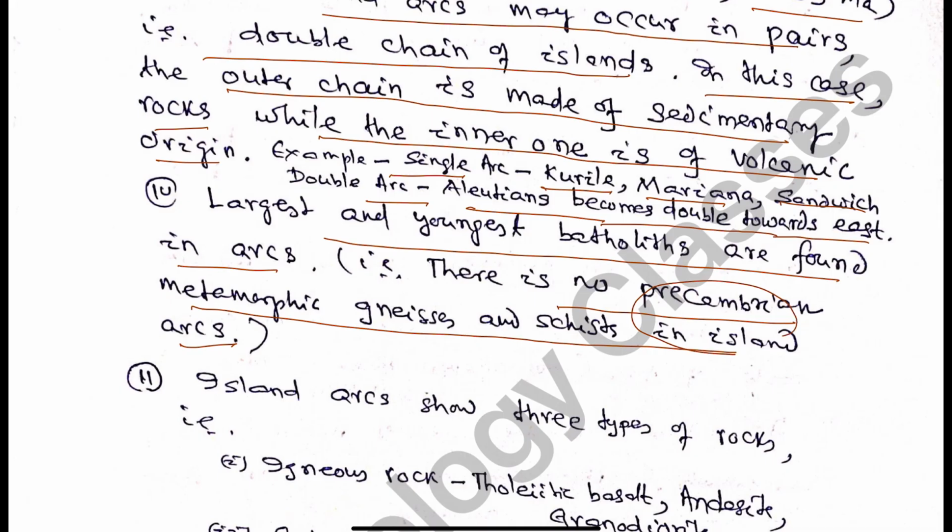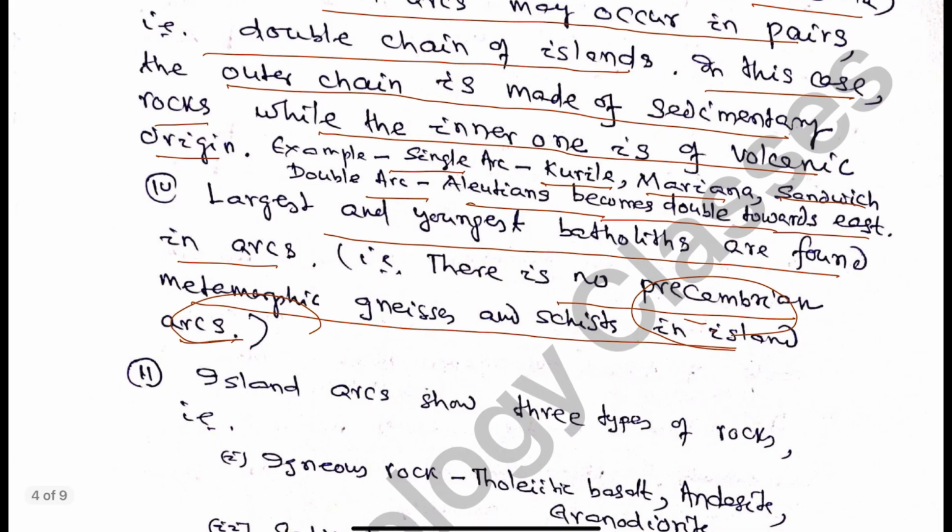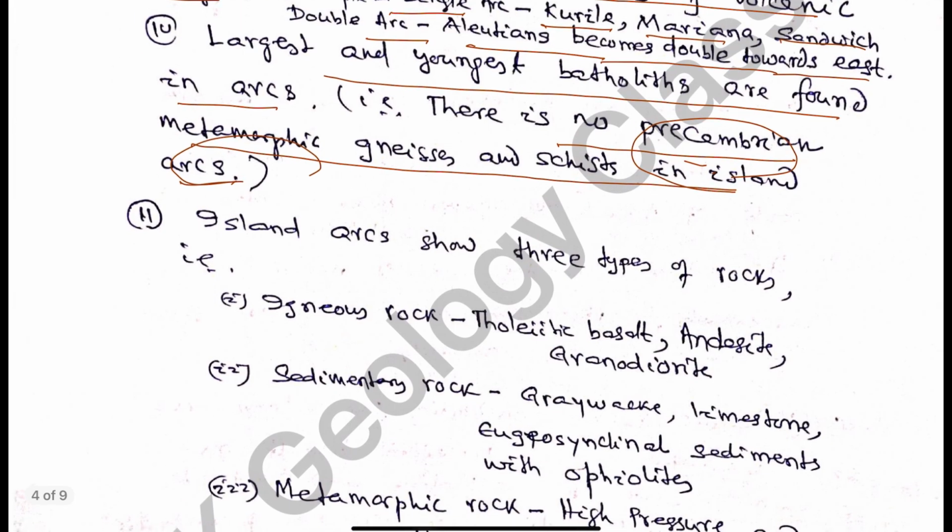These Precambrian rocks are seen in case of the cratons and shield areas, and they are not seen under the newly developed island arcs, which are very recent in age. So, Precambrian rocks are not found in case of island arcs.